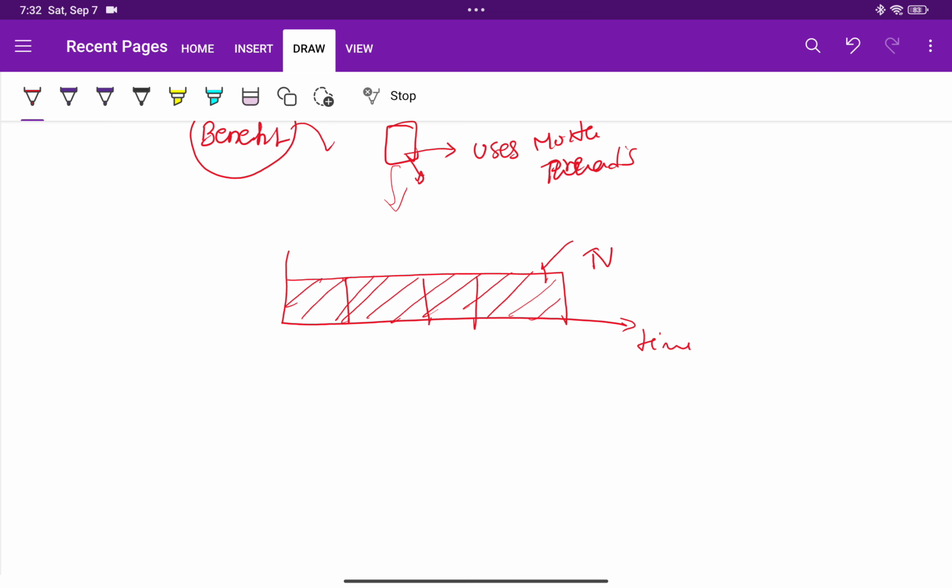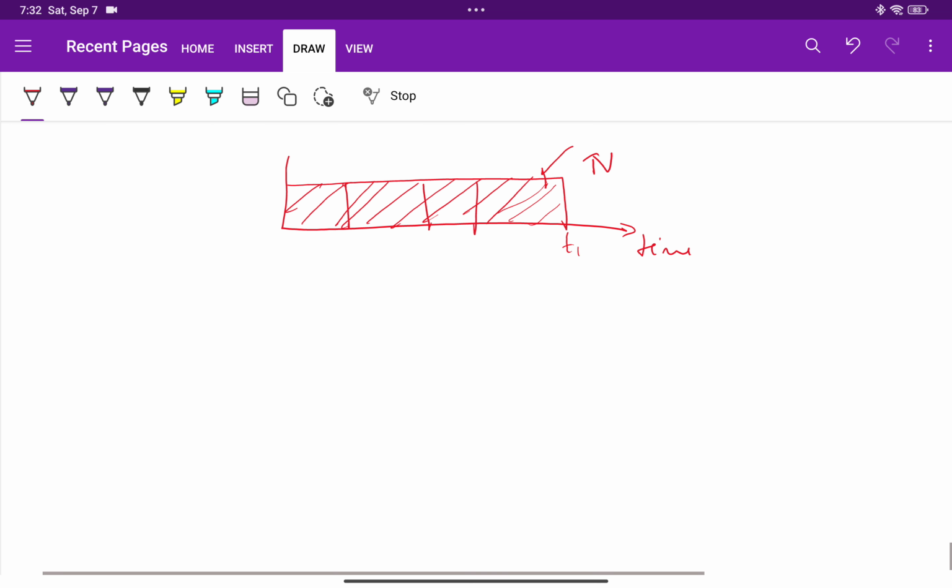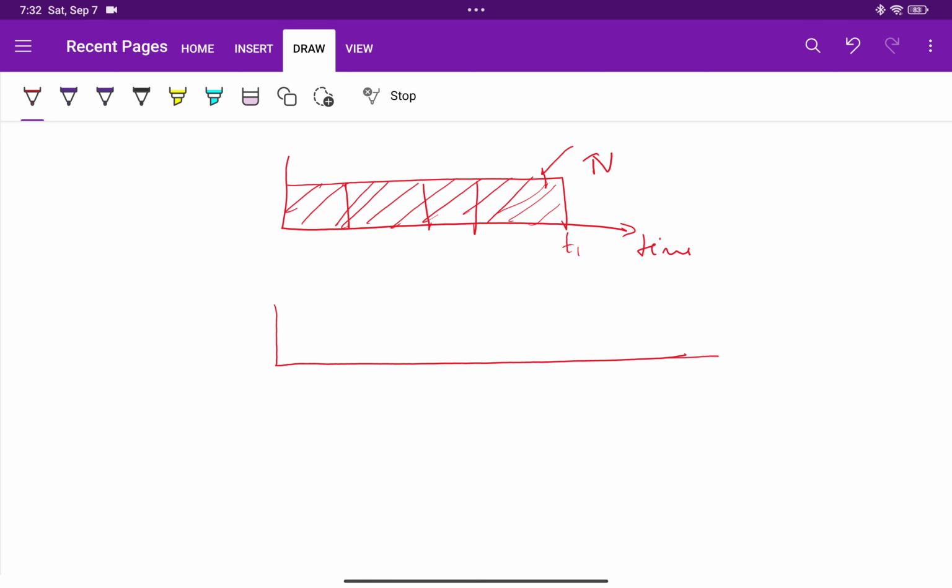To complete this task in a single machine with a single thread, this much amount of time is consumed. But suppose the same task, and our application is designed to run on multi-core or multi-thread. Note down here: single core machine.